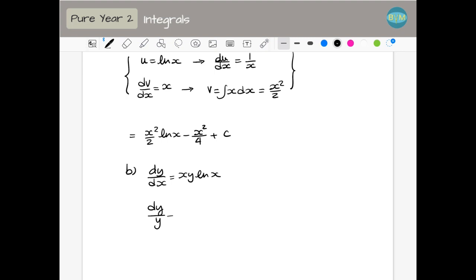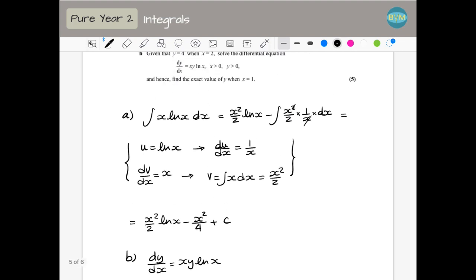And in the right hand side, I have x ln x dx. And then I integrate both sides, which means my left hand side is 1 over y, so therefore is ln y, only that, ln y.